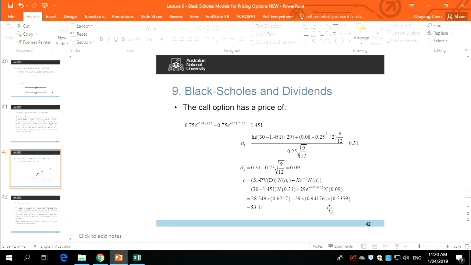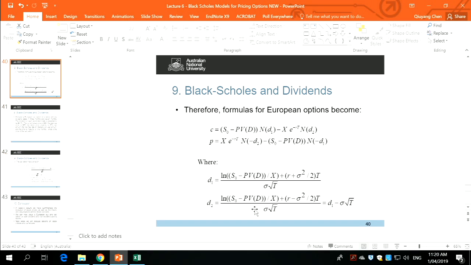Then minus the present value of the strike price times N(D2), which you can also look up in the table. It gives you a call option price of $3.11. So nothing difficult here. It's just one slight modification: we subtract the present value of the dividends from the share price.